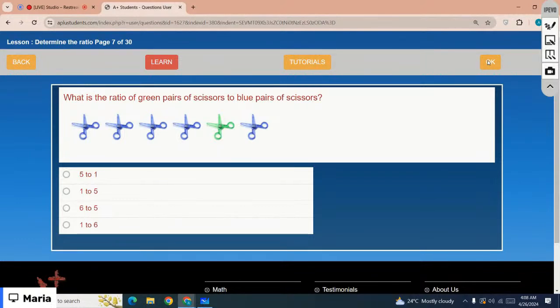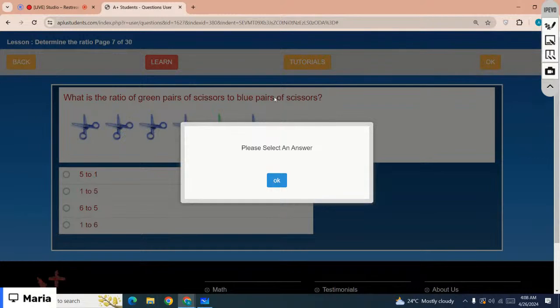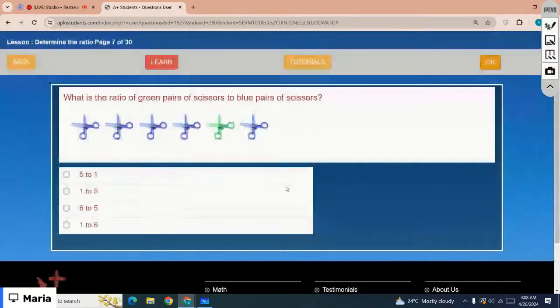You have 1 green scissor and 5 blue scissors. So the correct option is 1 to 5. Got it? Option number 2 is the correct option.